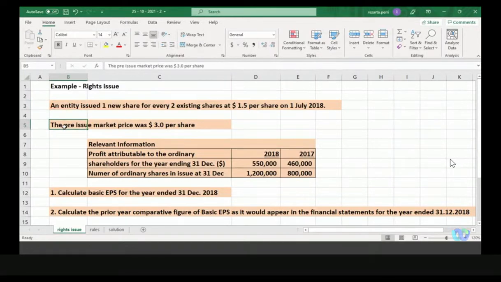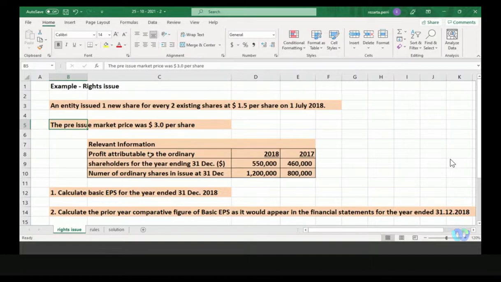That means that when we issue these rights, it is issued at a price lower than the normal price of other shares. So again, we know that this is a rights issue when we issue new shares to existing shareholders, one for two existing shares, but we apply a price that is lower than the normal price.